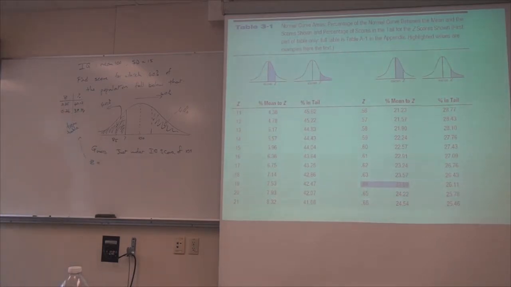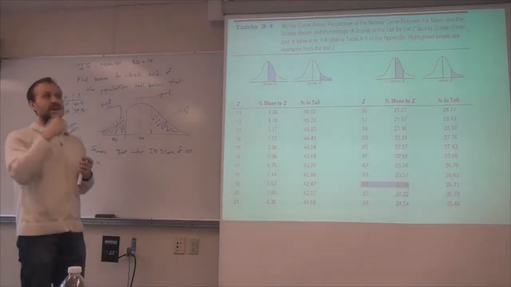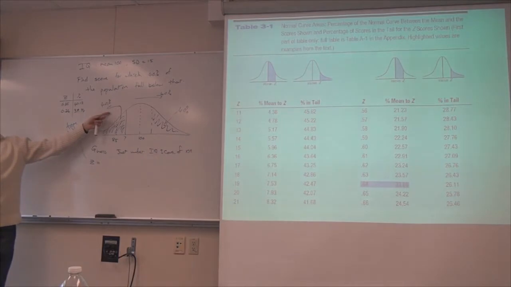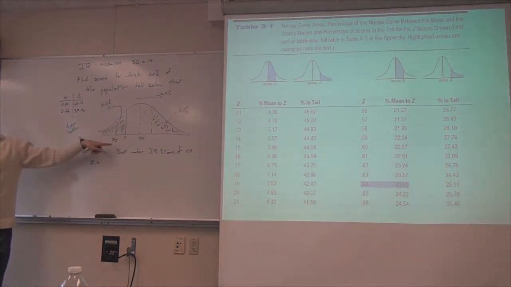Now, I'm so confused now. All right. We're using it in reverse because previously we were given a Z score, find the percentage. Now we're given a percentage, find the Z score. So just find the corresponding 40% value. So now it's like I have the answer.